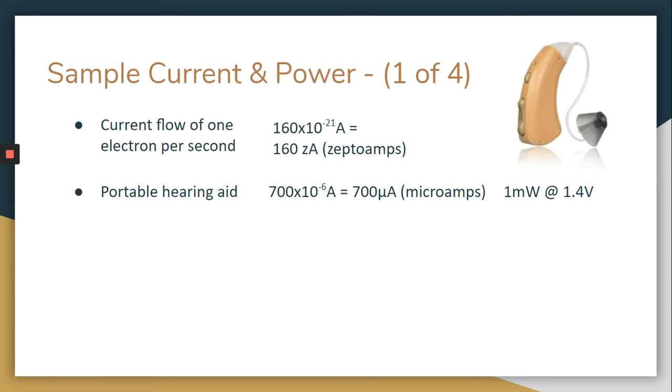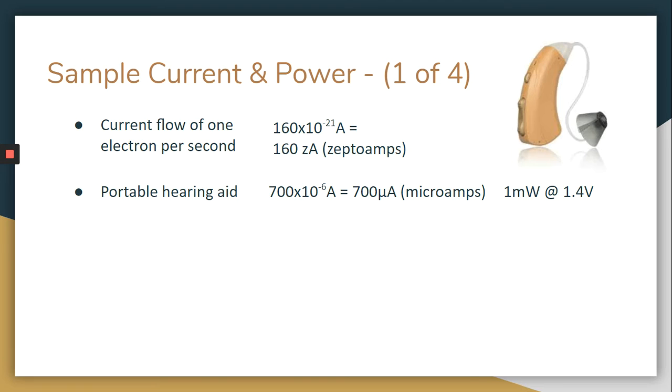Okay, so a portable hearing aid. These use 700 microamps, so that's 700 millionths of an amp. It makes sense because these have to be pretty low power. The batteries that power these have to last a long time, and you can't just keep replacing them every hour or so.